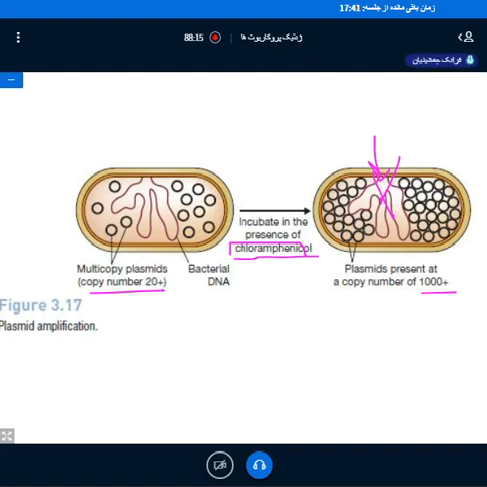So we have so many plasmids in the cells. Understand? I explained to you in so simple words. So I hope all of you understand.